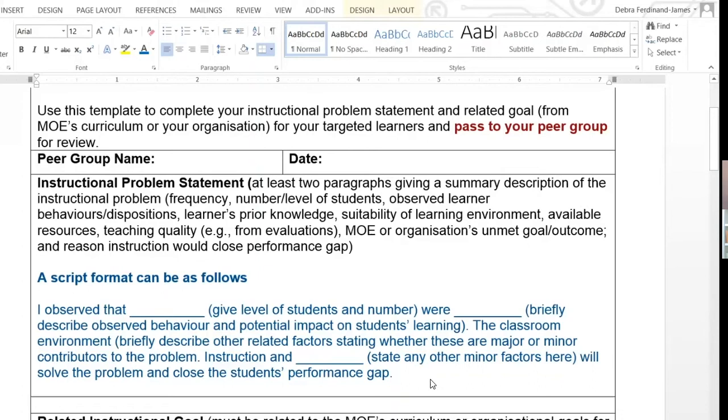And then I have were, and again in brackets, I say briefly describe the potential impact of the problem on students' learning. Then I went on to say the classroom environment. Of course, that is a very important aspect of teaching.